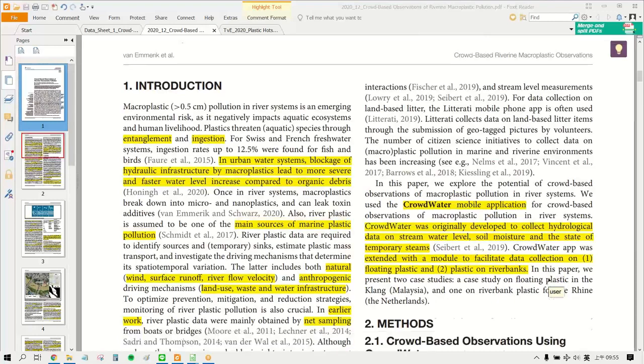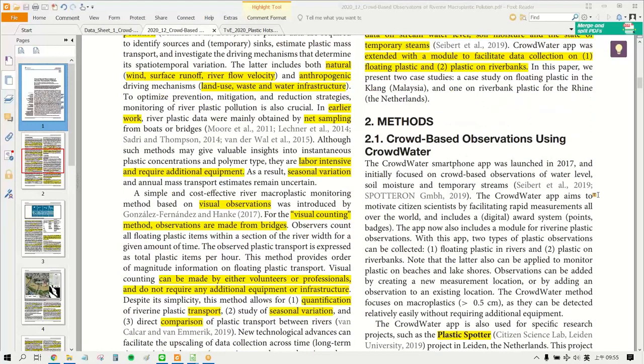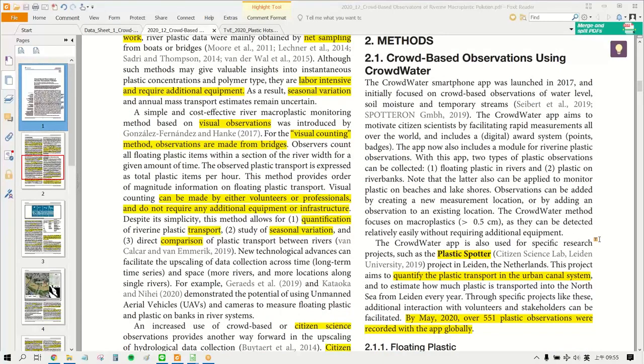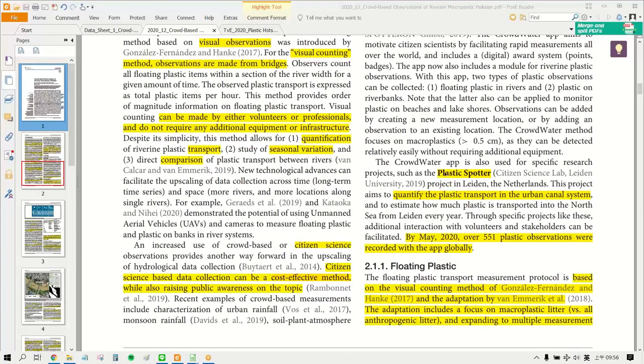So they will try how it works in this new function. In the method part, they mentioned that these apps are not only used in this paper, but they have another project called Plastic Spotters.